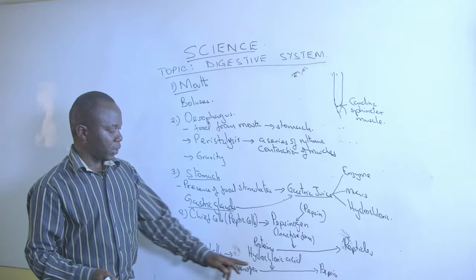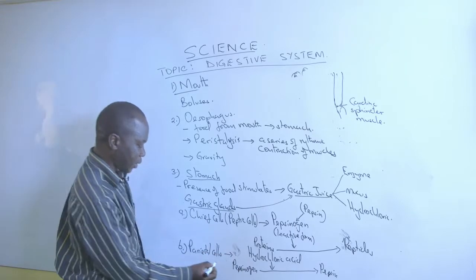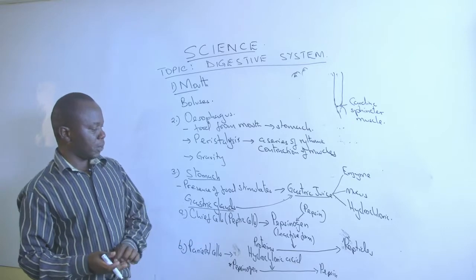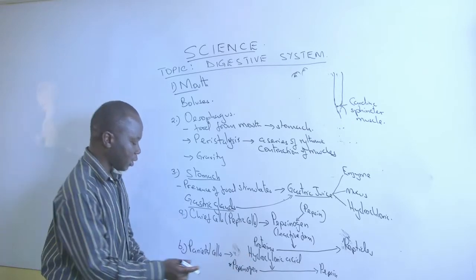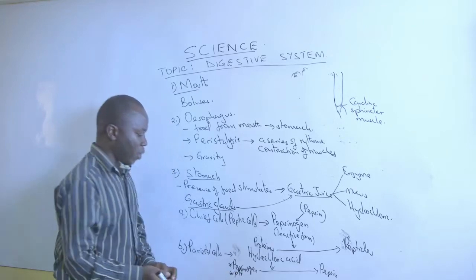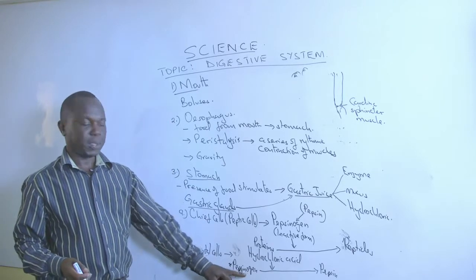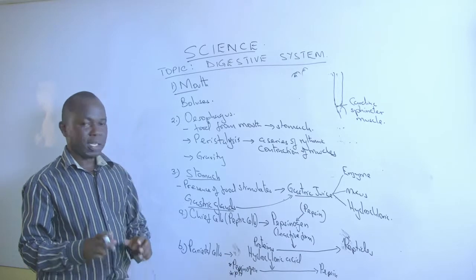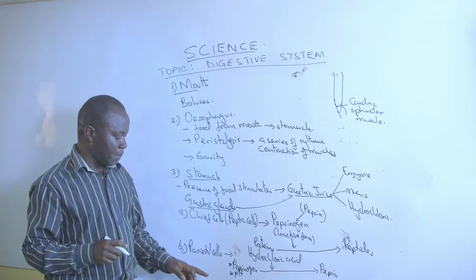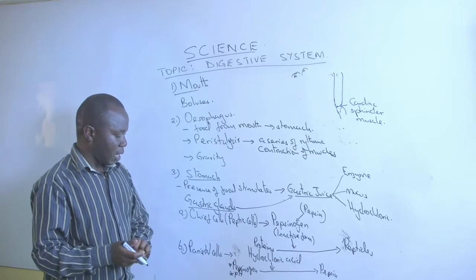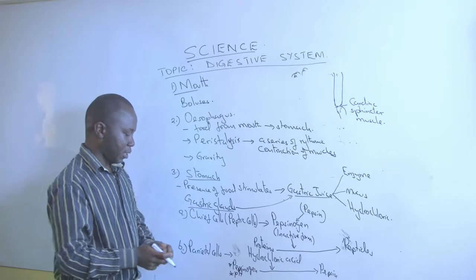That's the major role of hydrochloric acid. But apart from that, another role of hydrochloric acid is providing the correct pH for working of pepsin. Because pepsin, being an enzyme, requires an optimum pH. That pH is provided by hydrochloric acid.